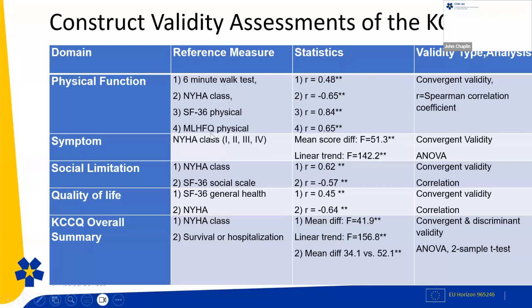And what you may also notice is that the SF-36 physical and social scales and general health scales appear here. So it's compared to a standardized questionnaire; the SF-36 is kind of the gold standard questionnaire in quality of life research.